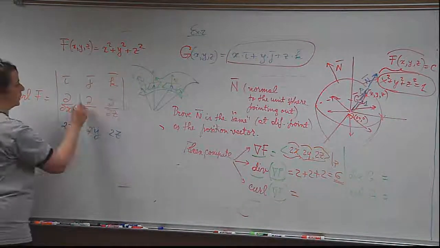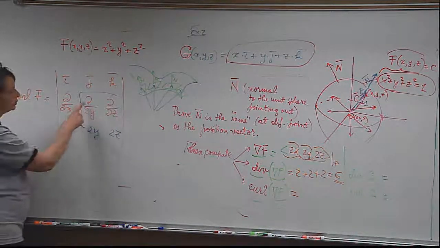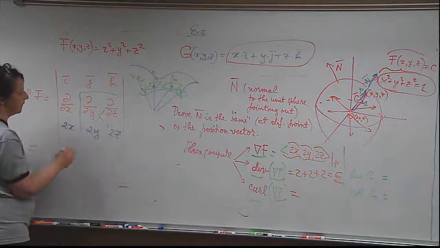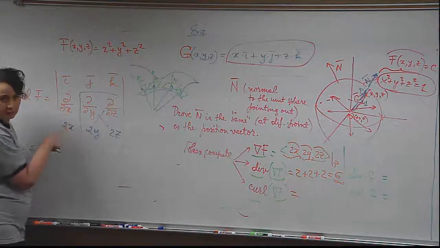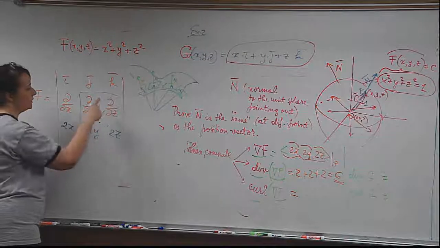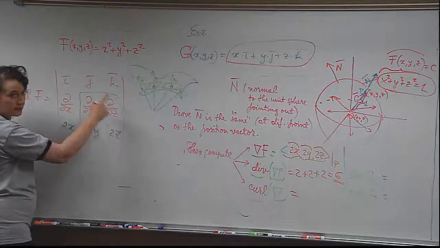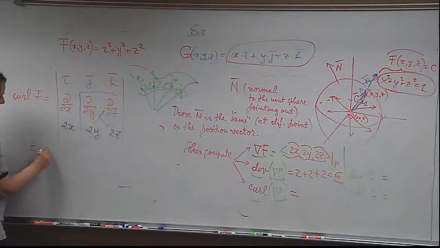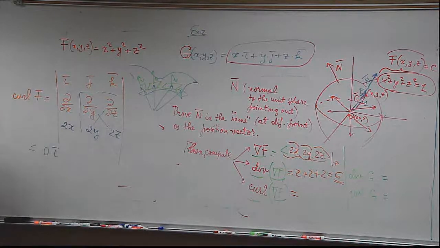For example, when the cowboys shoot at each other like this, d/dz of y is 0. d/dy of z is 0. So this minor is 0. 0i. An i for an i. And what else? d/dz of x, d/dx of z, same thing.